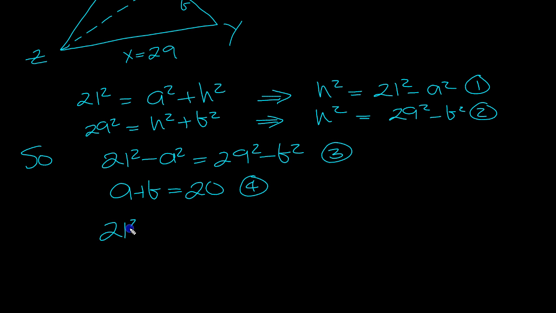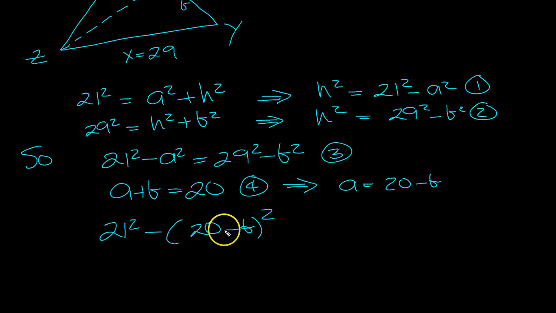So 21 squared minus A squared. A is equal to 20 minus B. So that's 21 squared minus (20 minus B) squared equals 29 squared minus B squared.